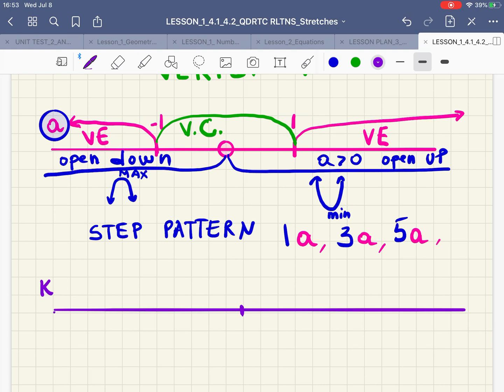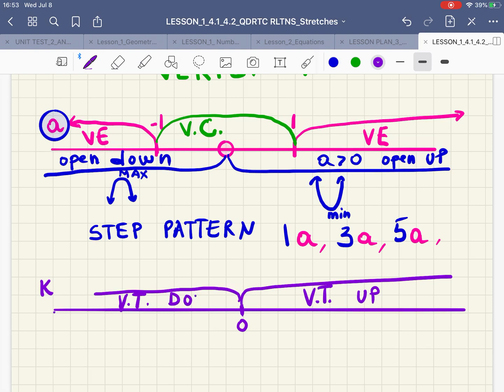It's the easiest coefficient to interpret, because if k is positive, the parabola will move vertically. We call this vertical translation up k units. And if k is negative, it will cause the parabola to translate down.